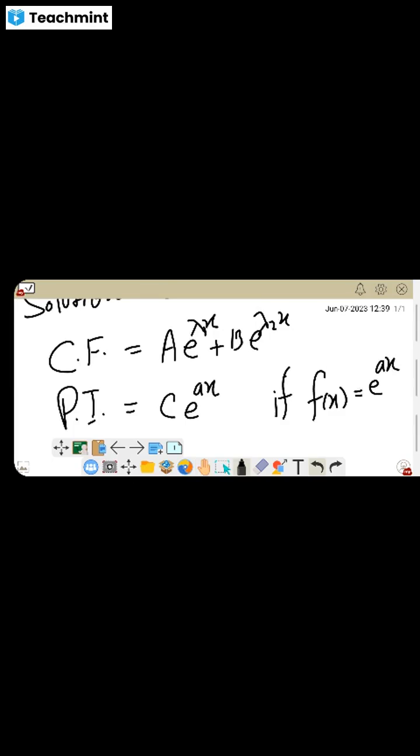If we have f(x) in this form, only then will we apply this rule, and later we'll learn for different types of functions.